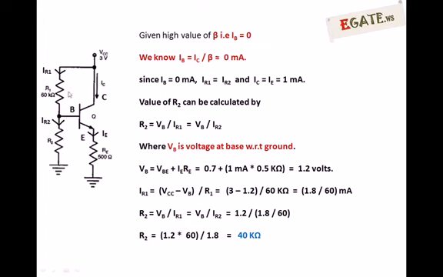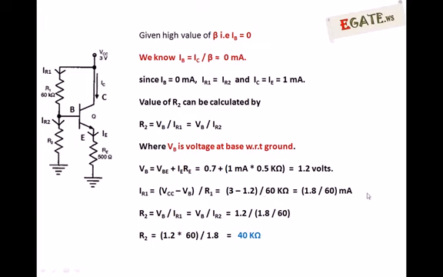IR1 is nothing but the voltage difference across this resistor divided by the resistance value. IR1 is nothing but VCC minus VB divided by R1. VCC is 3 volts, VB is 1.2 volts as just calculated, divided by R1 which is 60 kilo ohms.